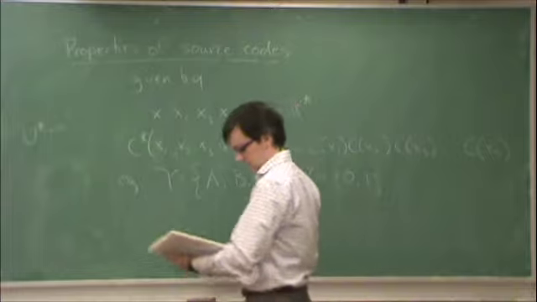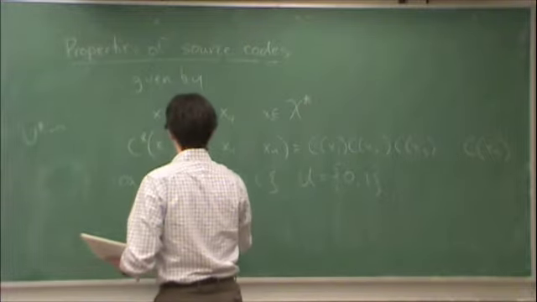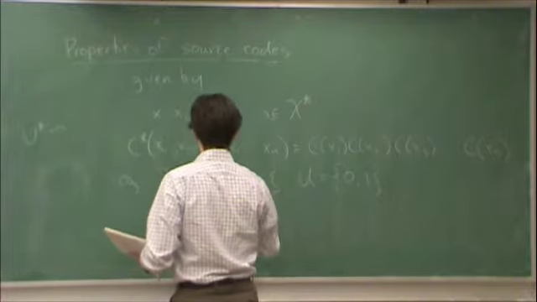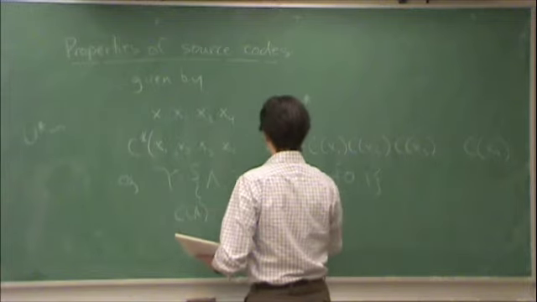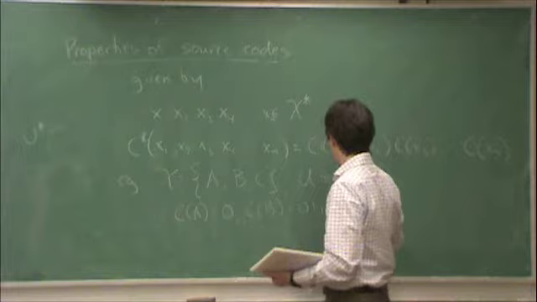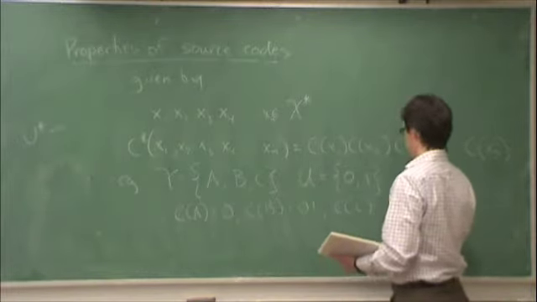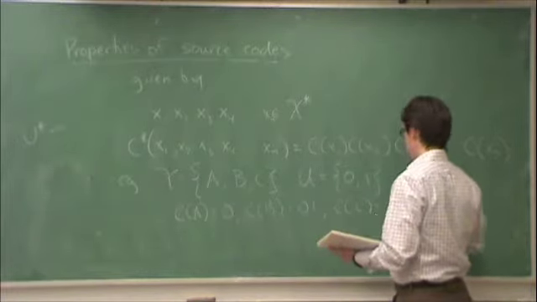The code word for A is 0, the code word for B is 0, 1, and the code word for C is 1, 1.